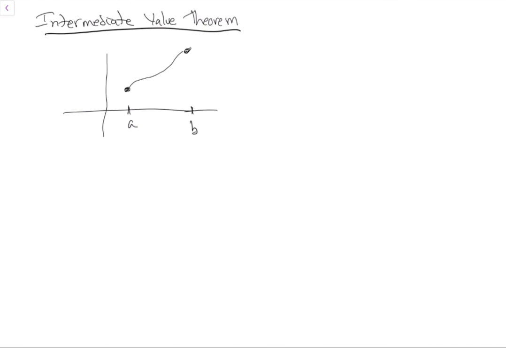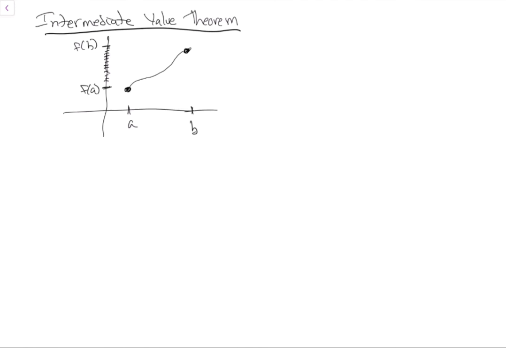There are lots of different types of functions that can exist on a closed interval. So basically the intermediate value theorem says if we have a function that is continuous on that closed interval, then when I look at the y values, the function is going to take on every possible y value between the two endpoints. Now that seems kind of weird and silly, but there are a couple of really powerful uses of this theorem.